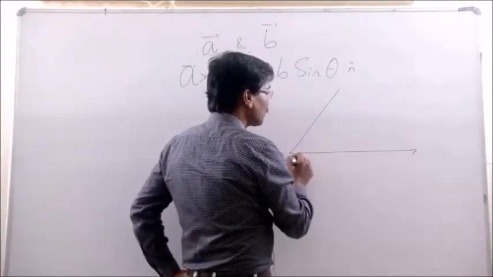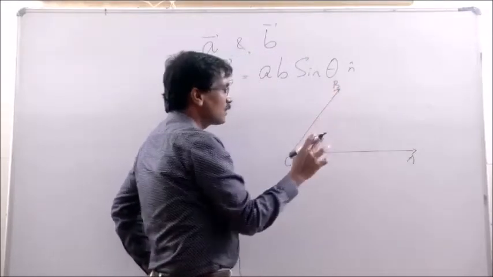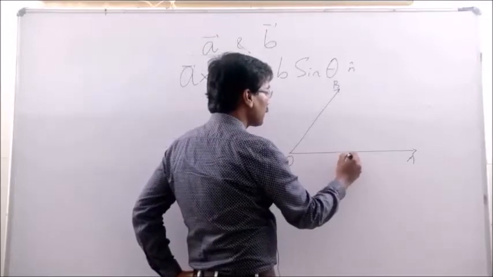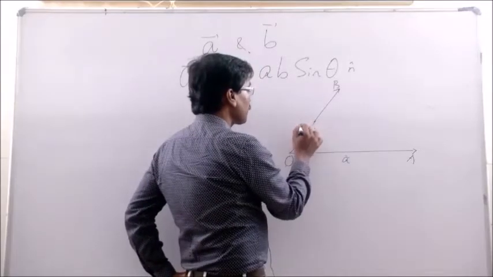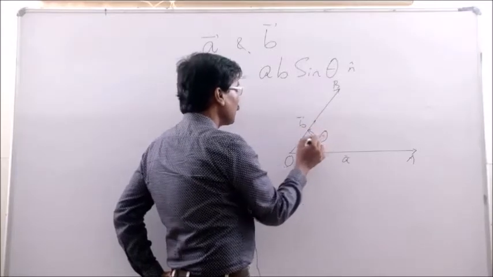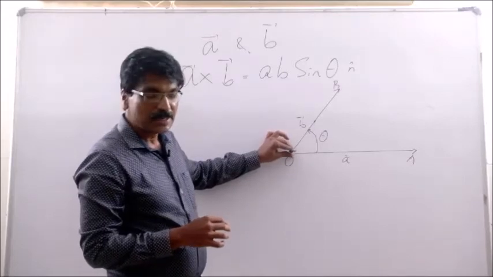So this is nothing but the right handed screw system. So if we have a right handed screw system from OA, that is a vector, to b vector with some angle theta, then n cap is perpendicular to the plane containing a vector and b vector.